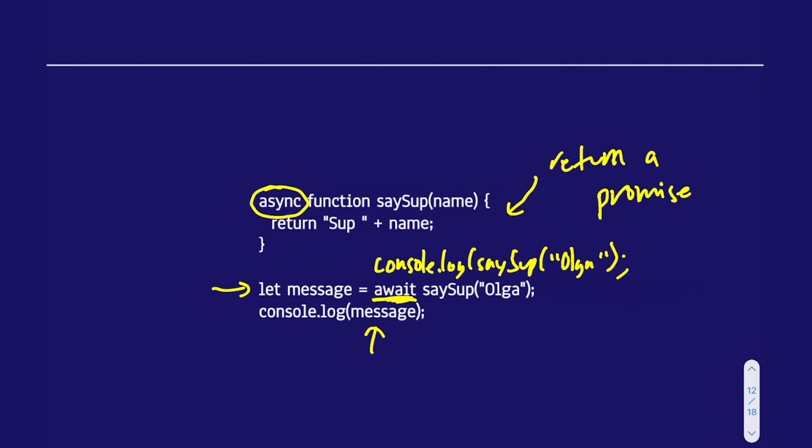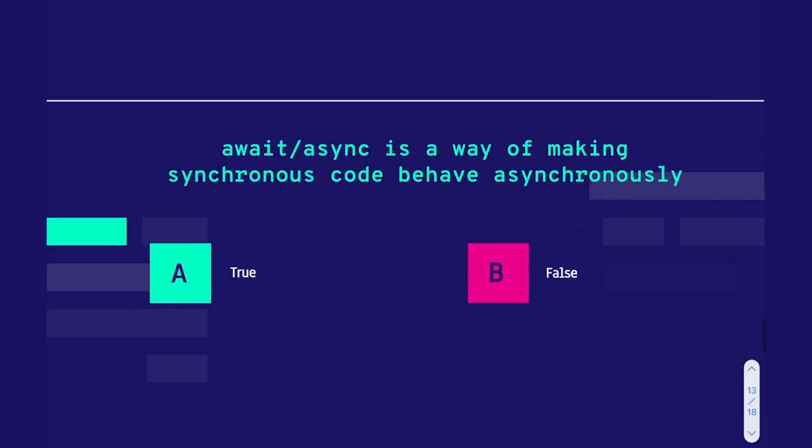So we could have written this in kind of a more nasty way with promises, but with async await, the reader and the writer of the code knows that there are promises being involved. They just don't have to write out new promise. Async will do that for us. So kind of nifty. All right, next question.